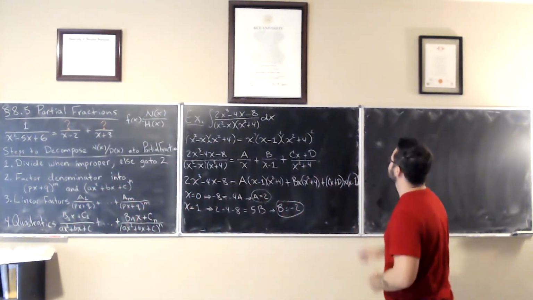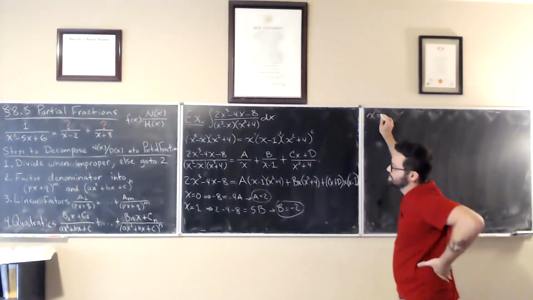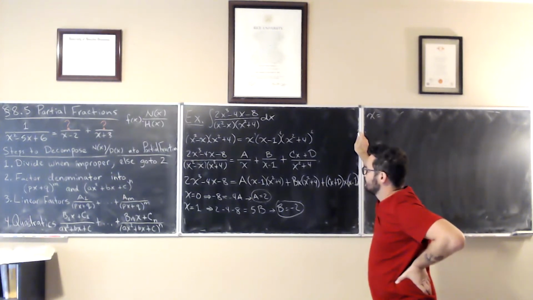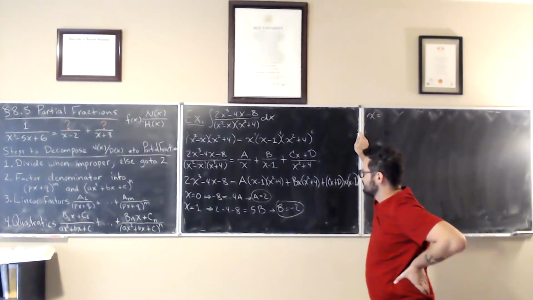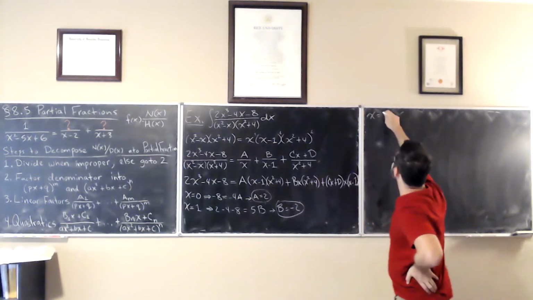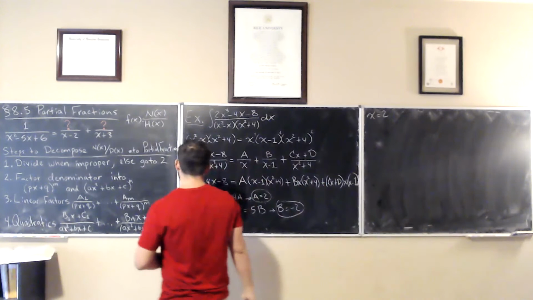So let's just say if x is equal to, what's the most convenient one? It might be 2, because if it's 2, then that's going to be a 1. I think 2 might be the best one. I don't know, we'll try it.